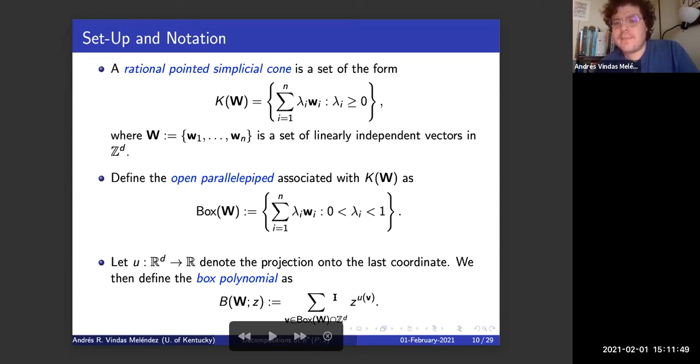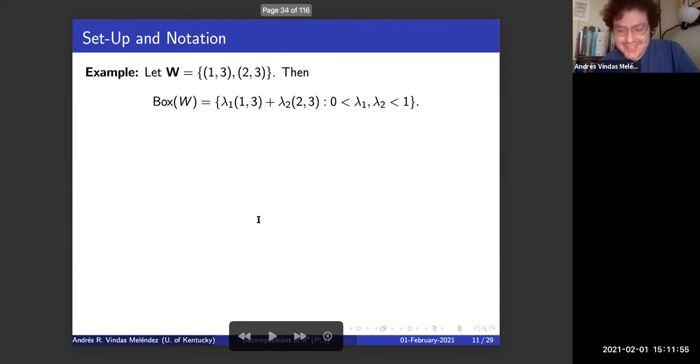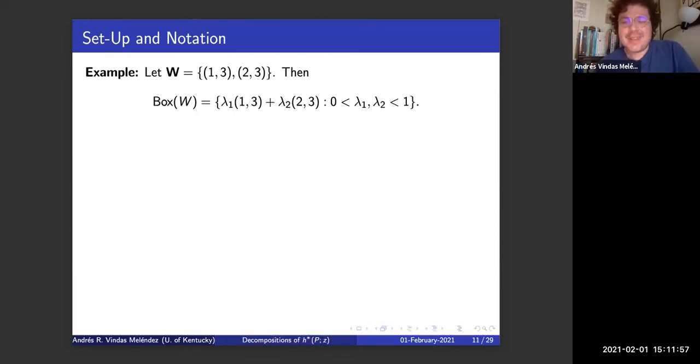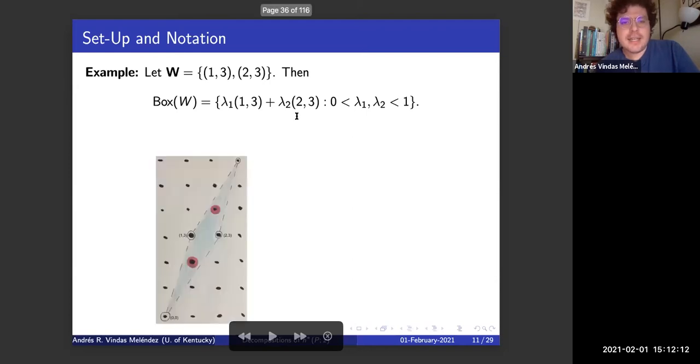And again, you might say, Andres, this is too much notation, I don't follow. So hopefully I'll give you this little example in small dimensions so that it makes it clear. Let W be these two points. Then I'm going to take the box of W to be this set. And so what does that look like?